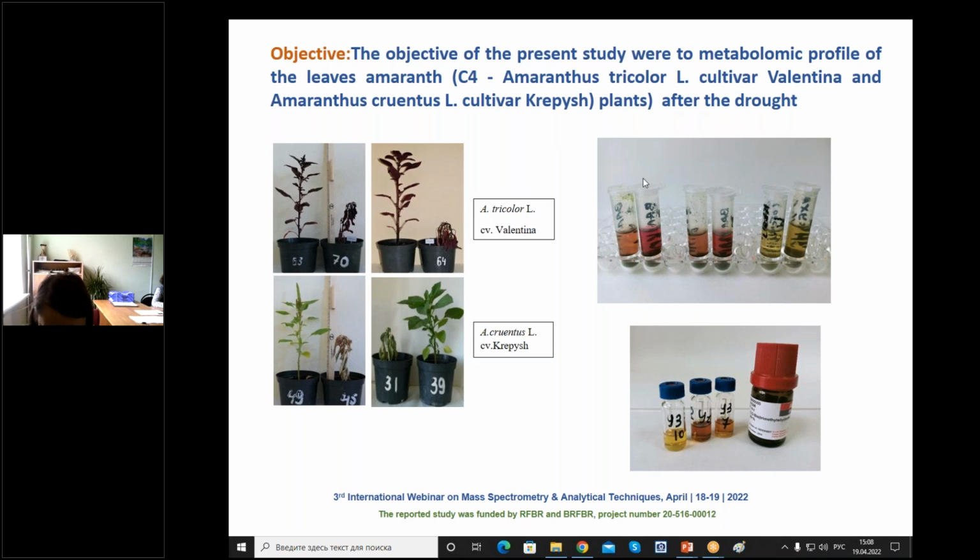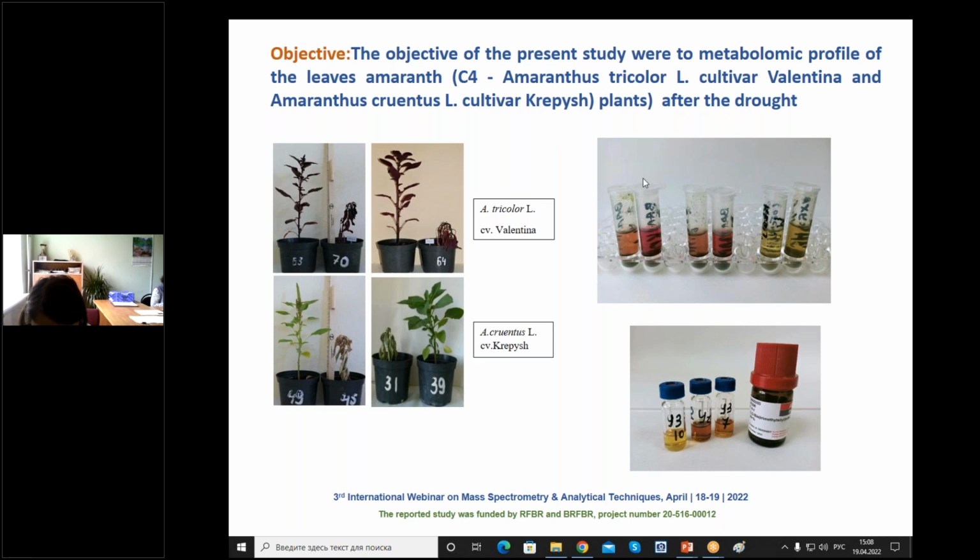The most important and actual problem of genetic breeding researchers is to determine the crops that are stable to drought. In this regard, using a metabolomic approach as a new direction of molecular genetic research to identify the changes in plants under the influence of adverse environmental factors remains a poorly studied direction of breeding.